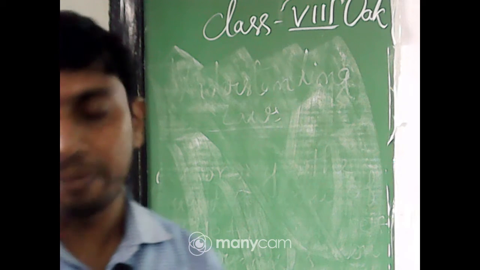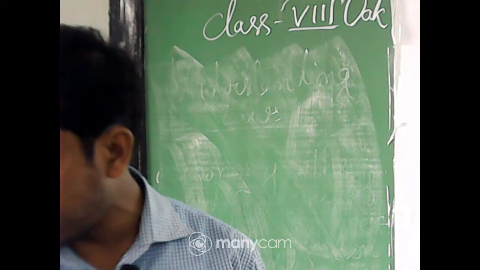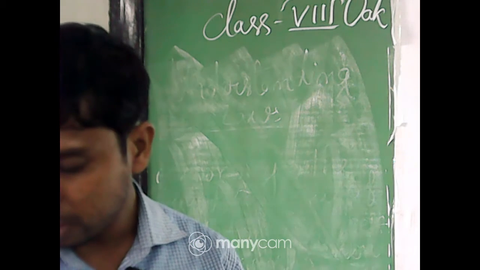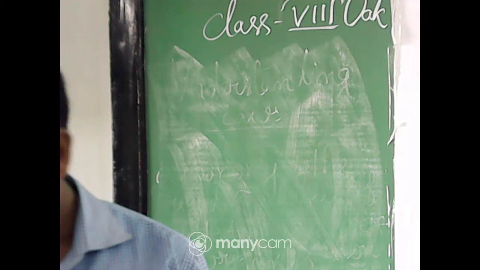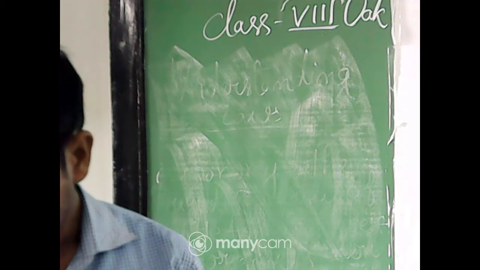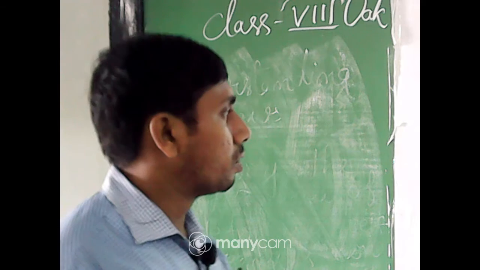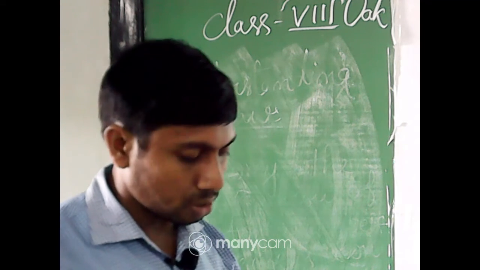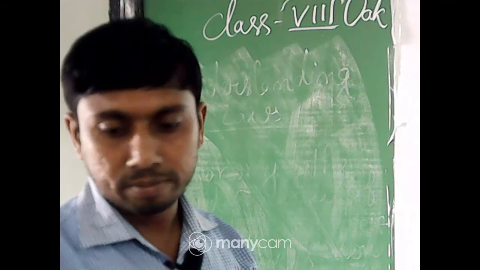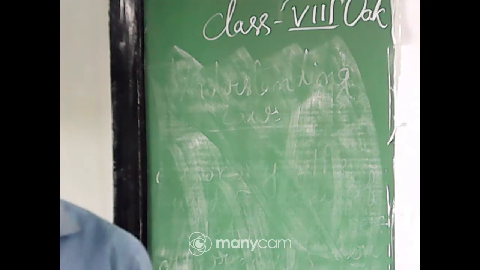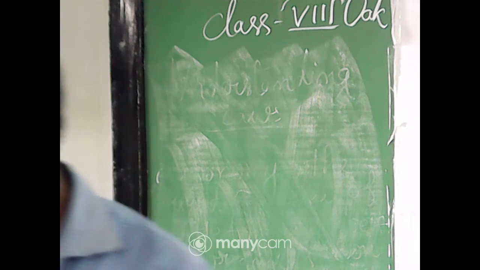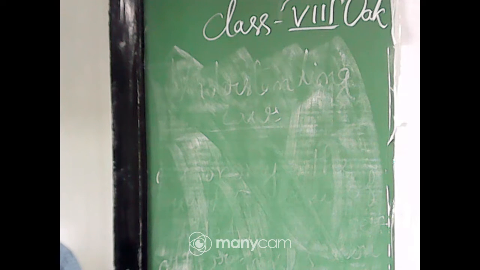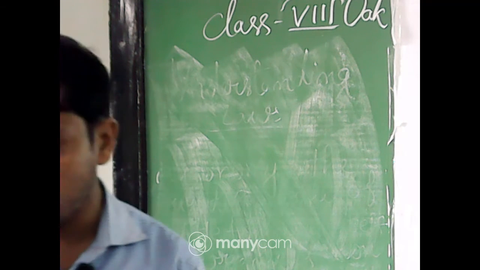Now what is the difference between spontaneous combustion and rapid combustion? I hope you have seen these videos. So today I will repeat the definitions first, just once as a revision.